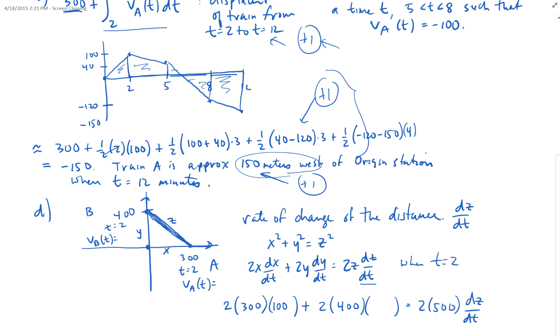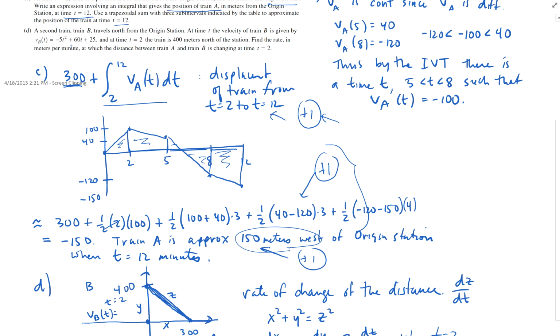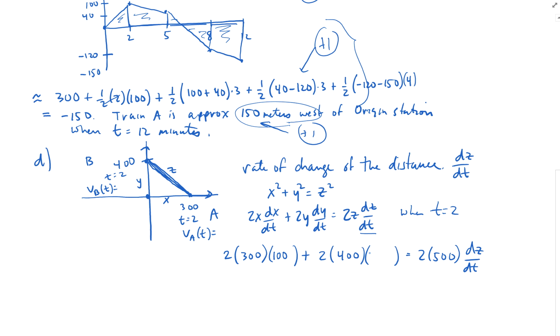And for B, they gave us the equation, so if you plug in 2, you get 125. So we're going to do 125 here. That's what I get when I just plug it in: this is VB of 2, and this is VA of 2. That's the velocity, which is the rate of change.